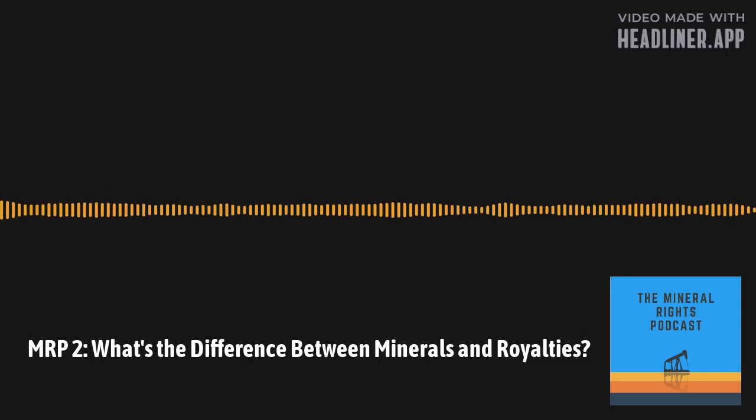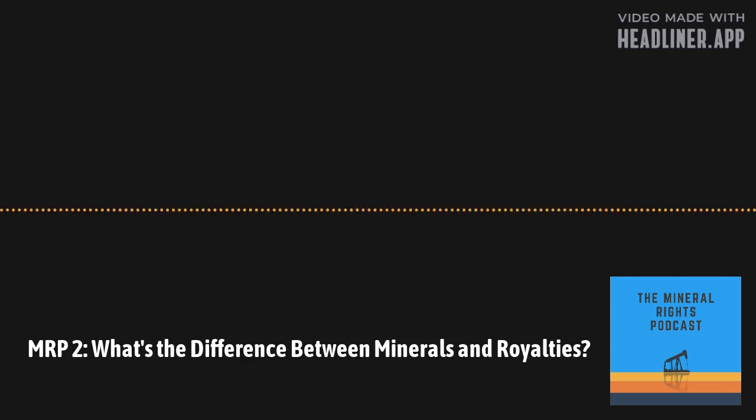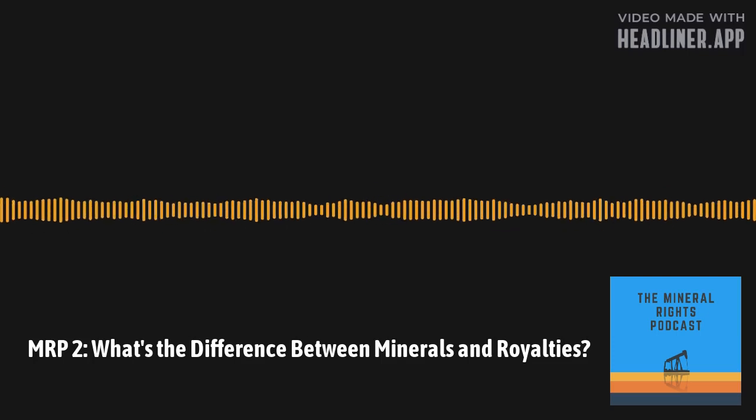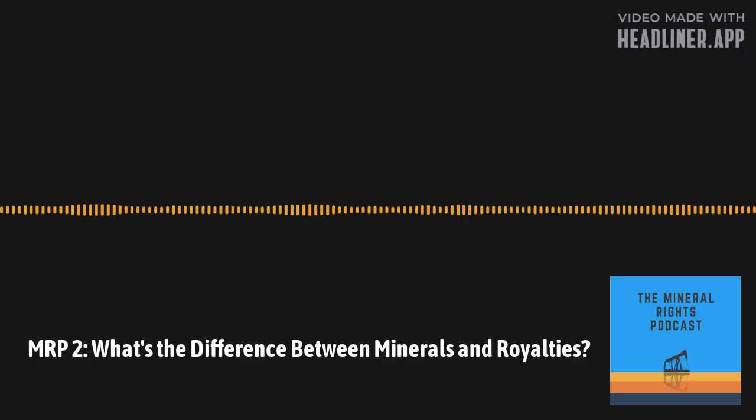So we talked about fee simple, which is absolute ownership of both surface and subsurface or minerals. Severed minerals, which is just separate ownership of the mineral rights. Surface rights, which is the separate ownership of just the surface land. And then royalty ownership.